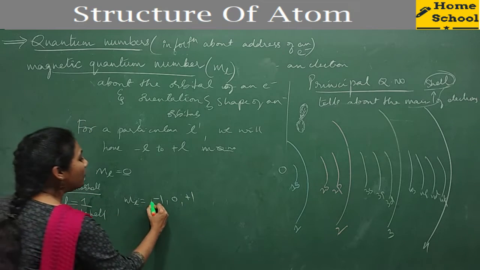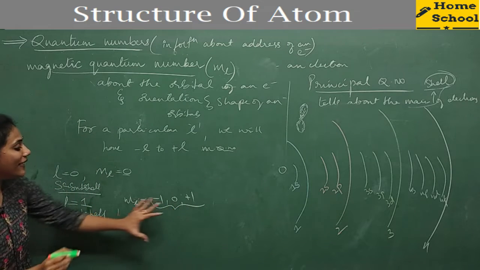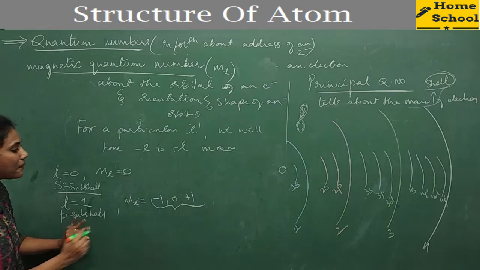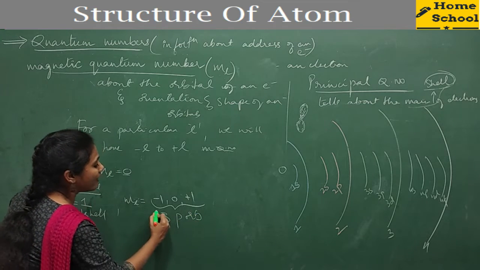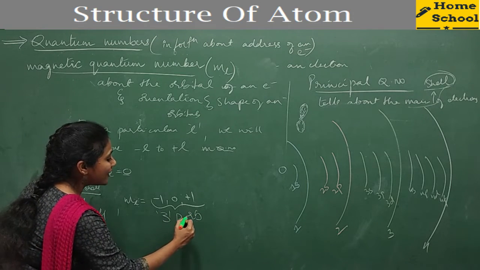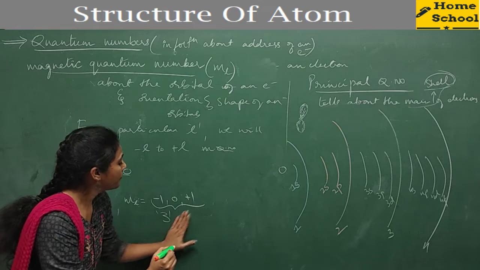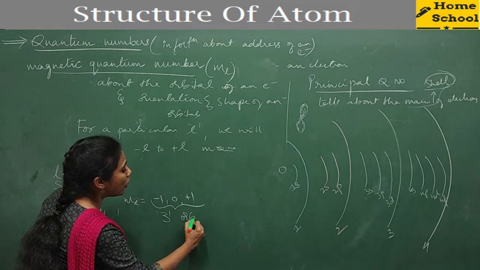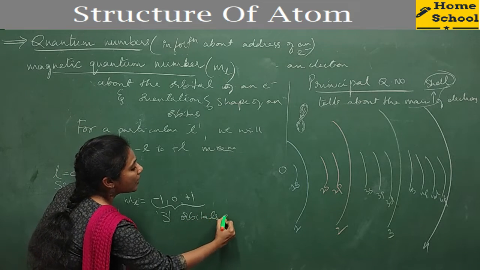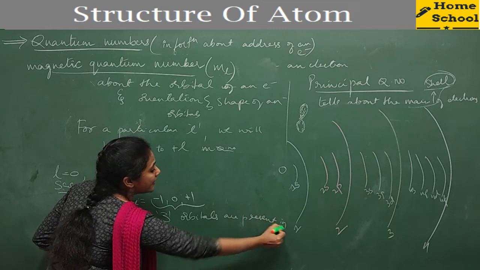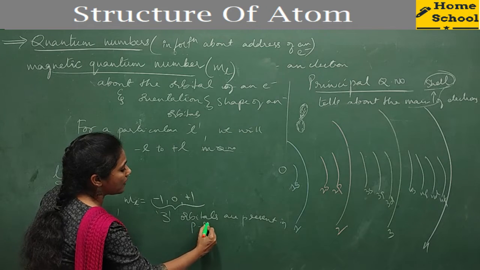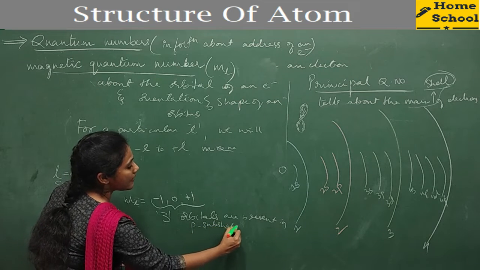That means how many orbitals are there in the P subshell? 3 P orbitals are there. Okay, so 3 orbitals. Let me write, 3 orbitals are present in the P subshell.